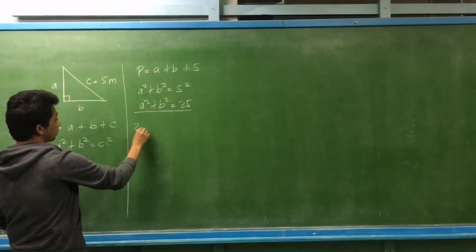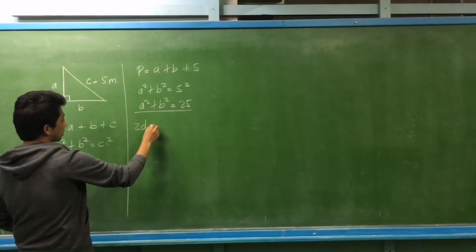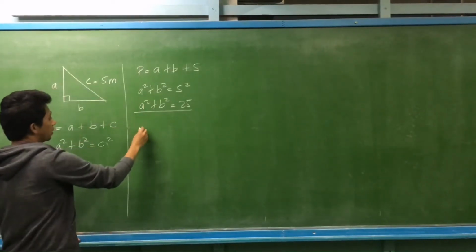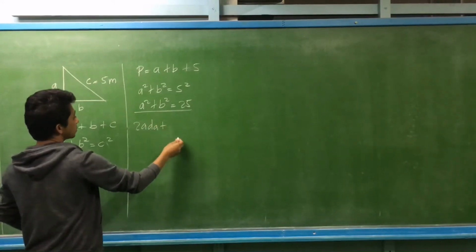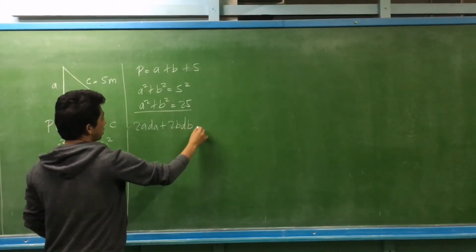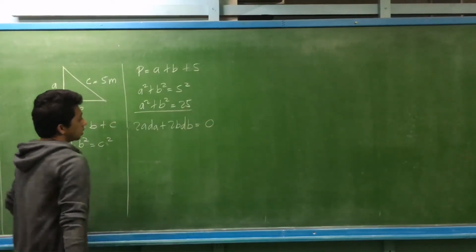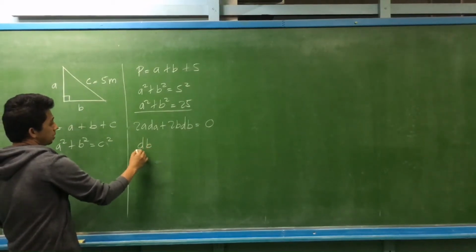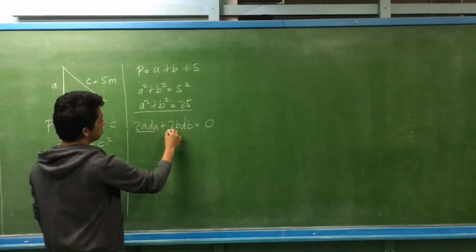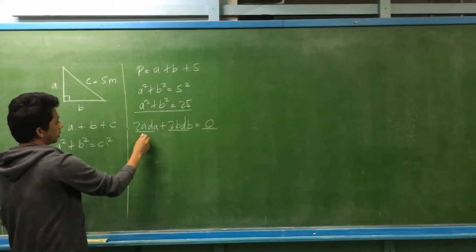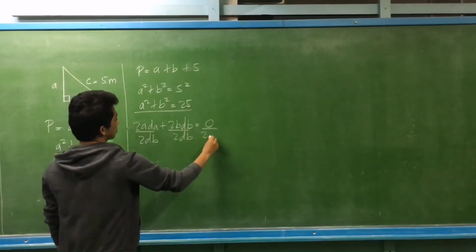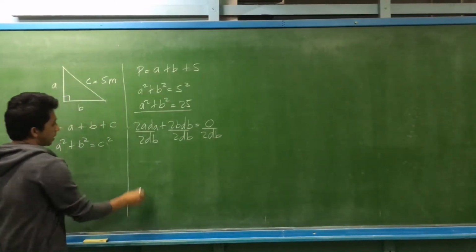So we differentiate. This is the derivative of A squared, that is 2A dA, bringing down the exponent 2, plus 2B dB is equal to a constant, which is 0. We'll have the equivalent of dB divided by dA, or gawin na lang natin na ganito, divide all terms by twice the differential of B. We may cancel 2.